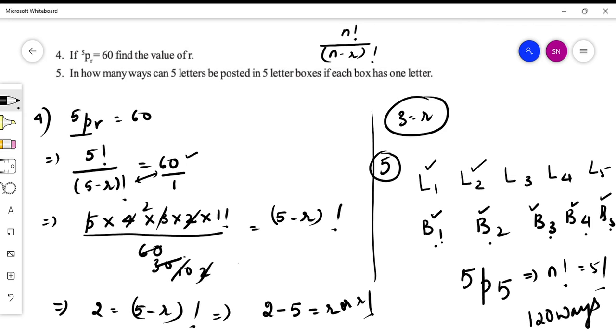One thing, my dear learners, that you have to keep in mind is, in all the permutation problems, if they have asked how many letters, how many people can stand, how many people can sit, always don't forget to write so and so many ways. I hope this concept is clear, both of the fifth and the fourth question.